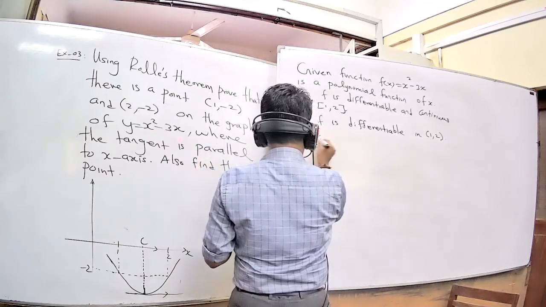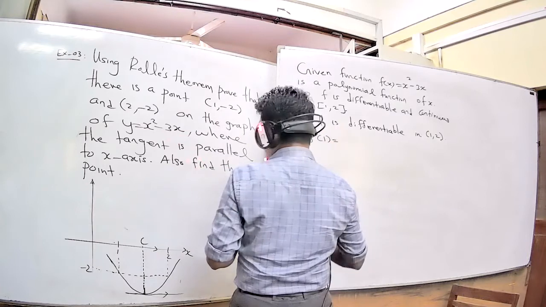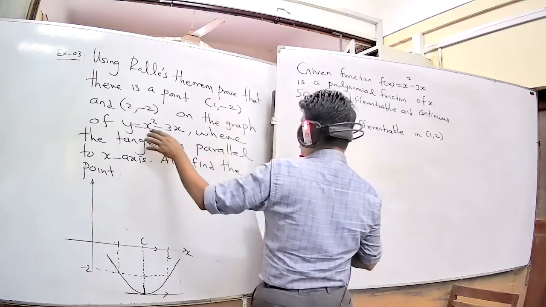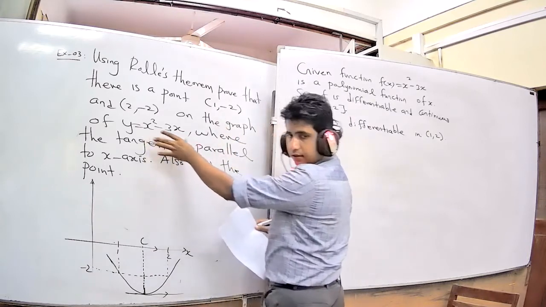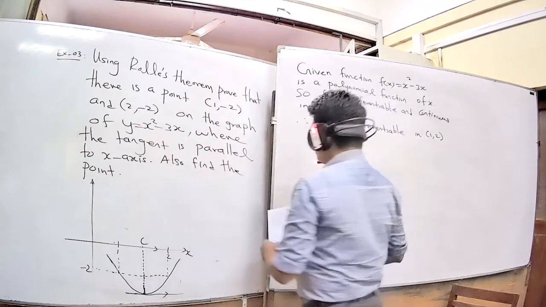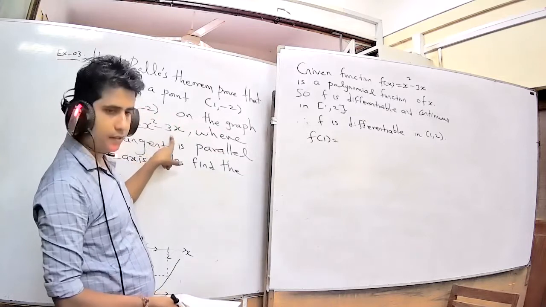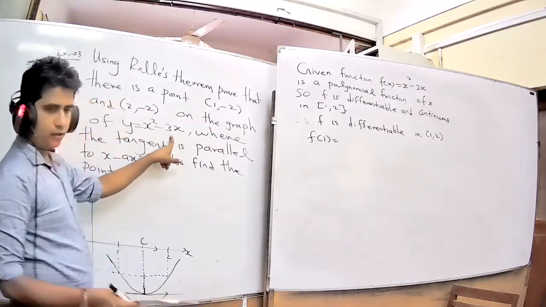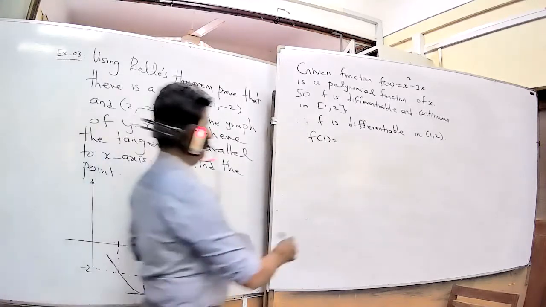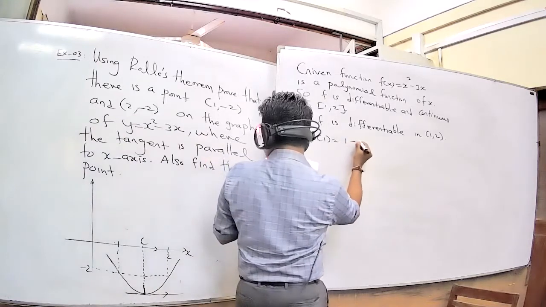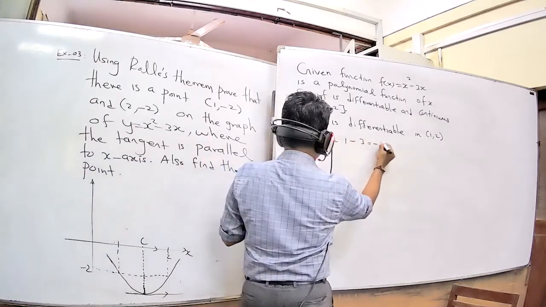So what is the value of f of 1? F of 1 means you put 1 in this equation, x squared minus 3x. Then 1 minus 3, that is minus 2.